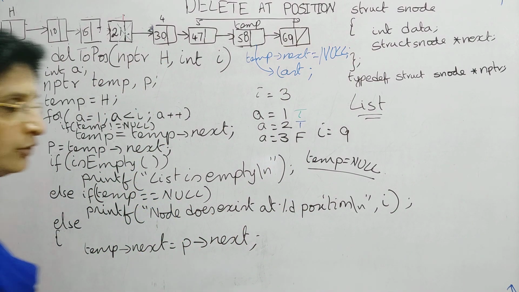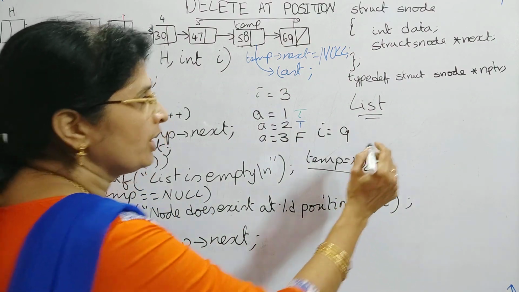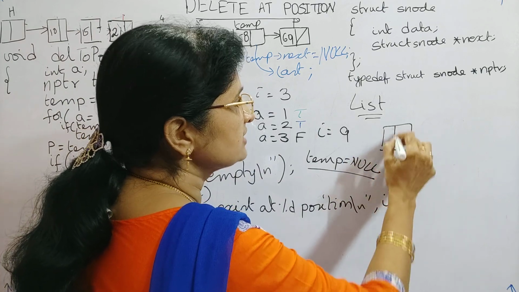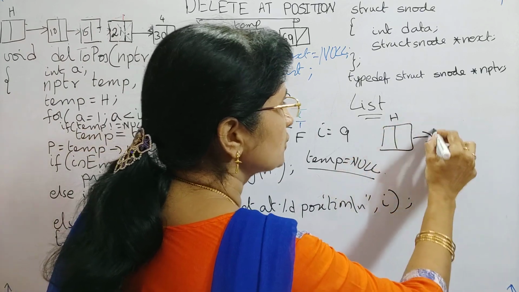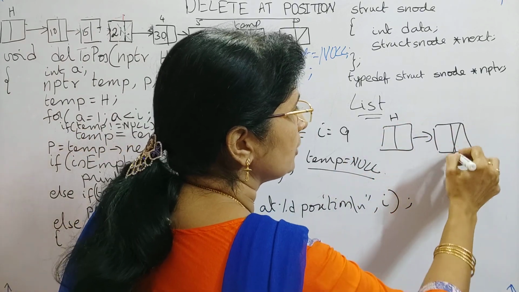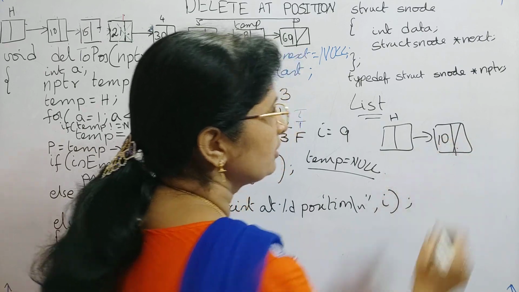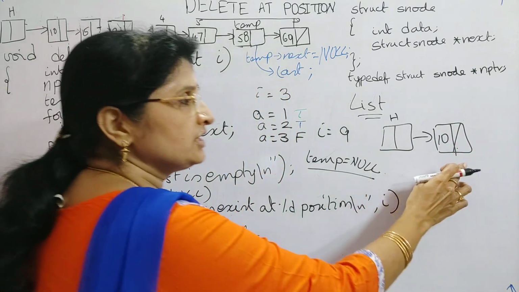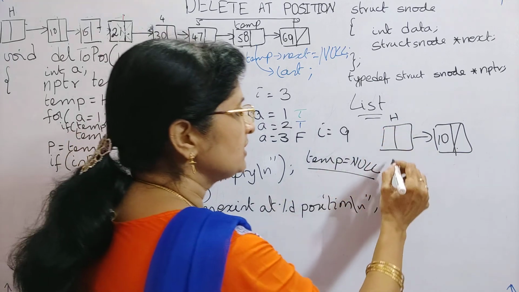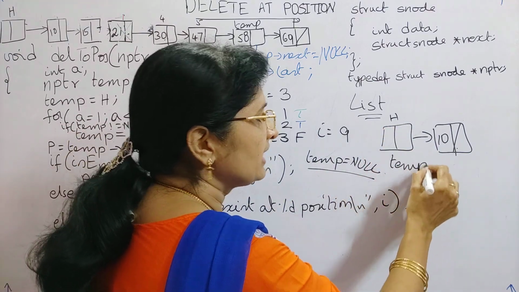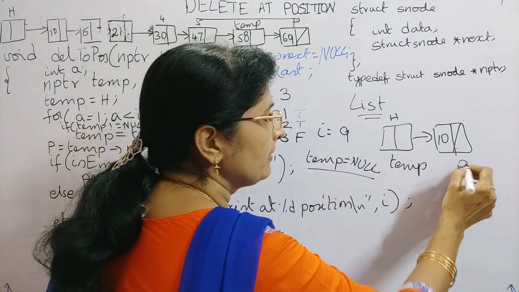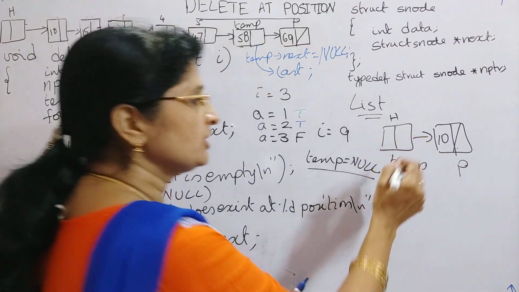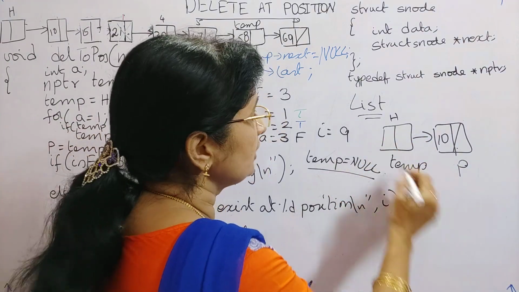So for example, if you take a list of only one single node. So this is H and we are having only one single node. In that case, this will become temp and this will become P. In that case also it is satisfied. So what are you doing?